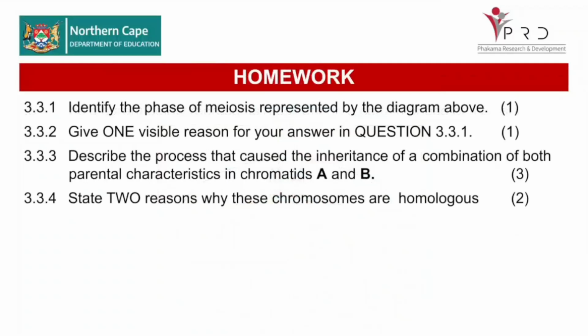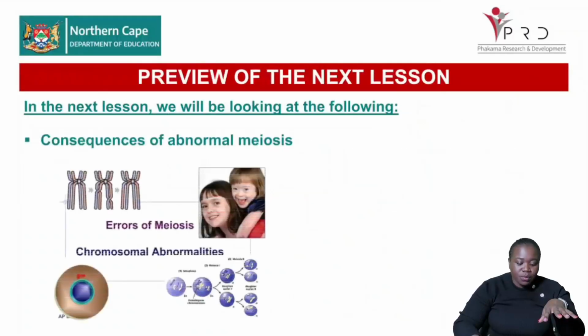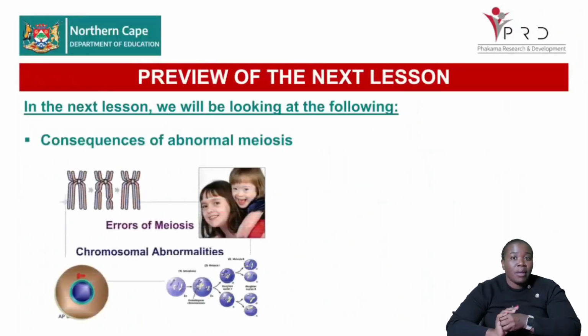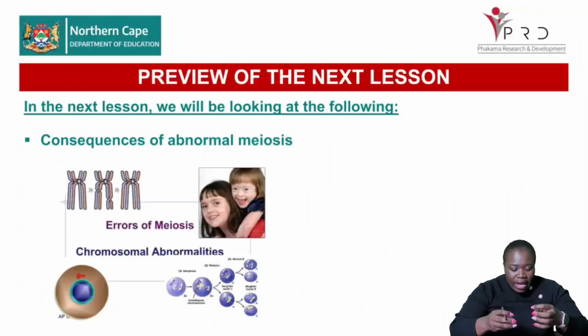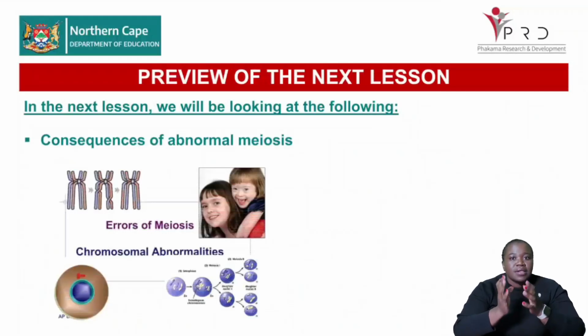All right, let's have a look at the preview of our next lesson. In our next lesson, we will be looking at the consequences of abnormal meiosis. As we were discussing meiosis, we were looking at it in the form that it should happen when everything is going well, when everything is taking place normally. However, we need to remember that some mistakes, some errors may happen.